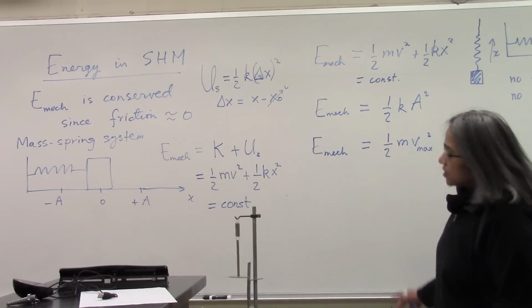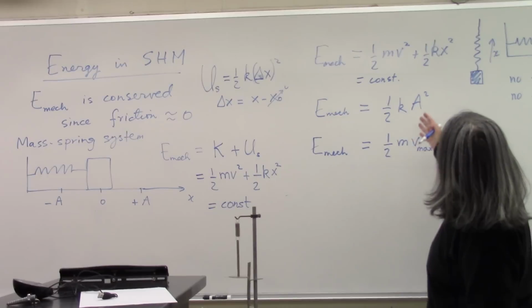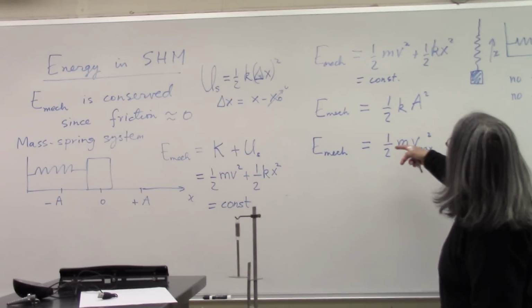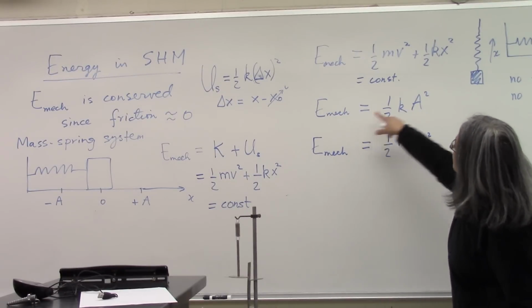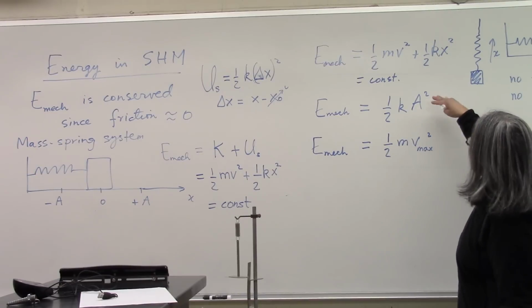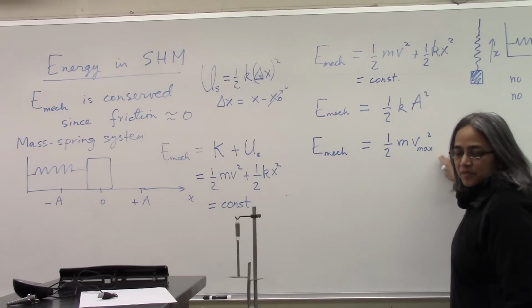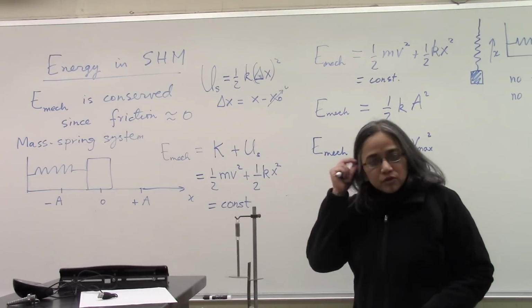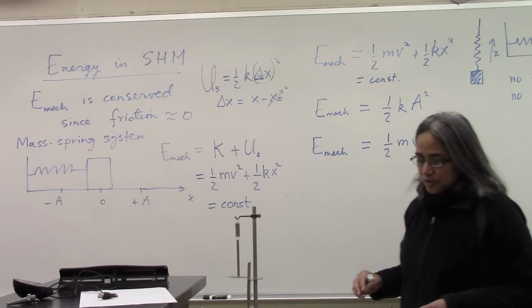If you think about it, there's a logical step that follows. If E mec is this, and E mec is this, and E mec is this, then it's logical to say that this must be equal to that.